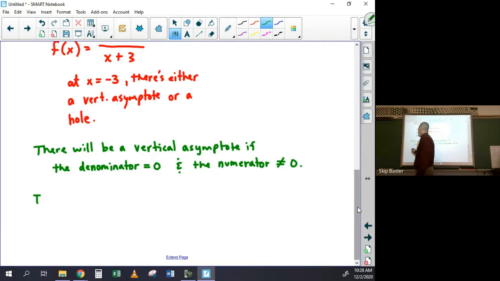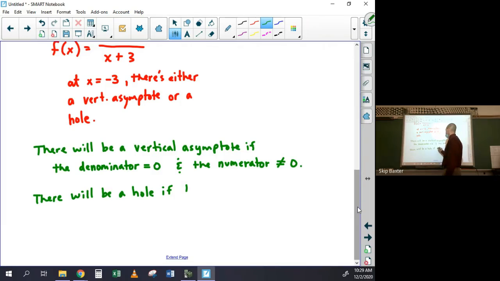And there will be a hole if the denominator equals 0 and the numerator also equals 0.